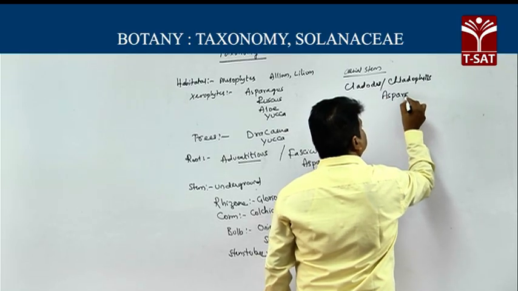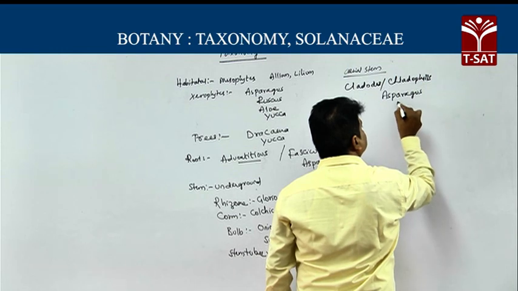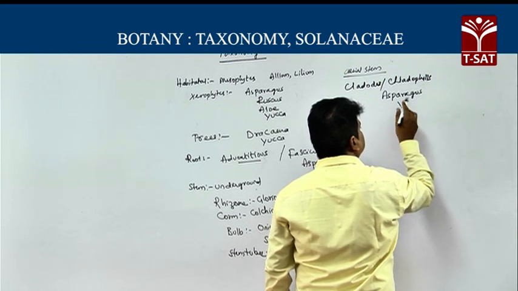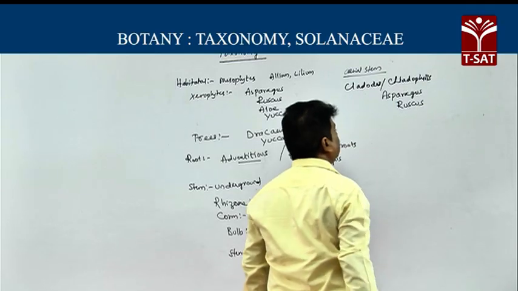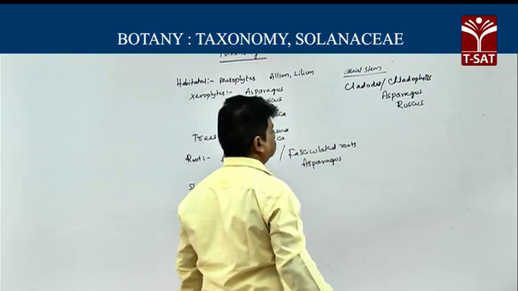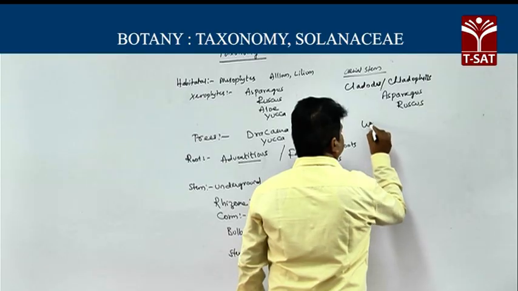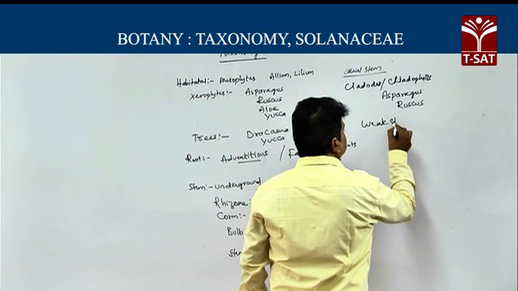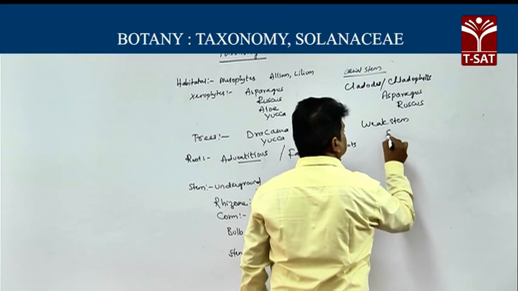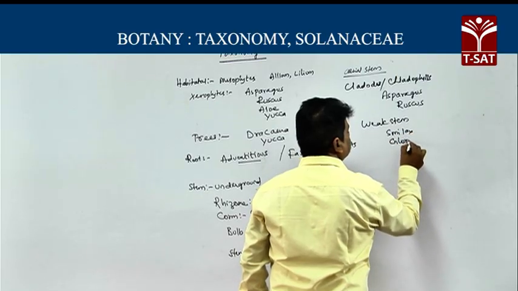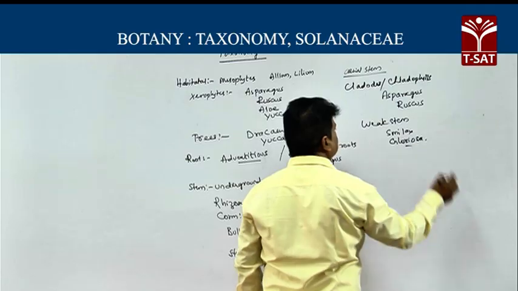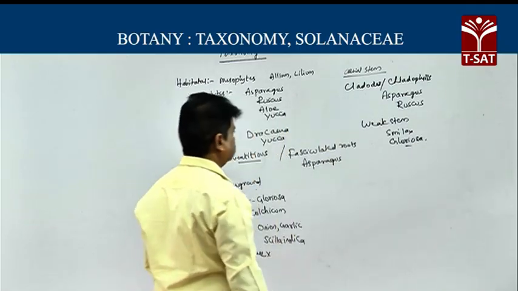Example for cladodes, asparagus and ruscus. Then weak stem plants, Smilax and gloriosa.